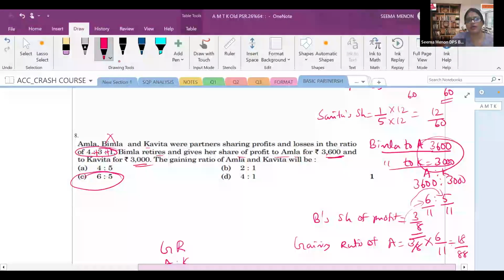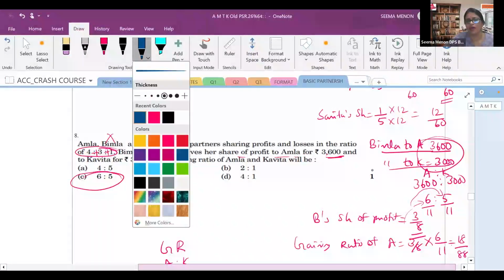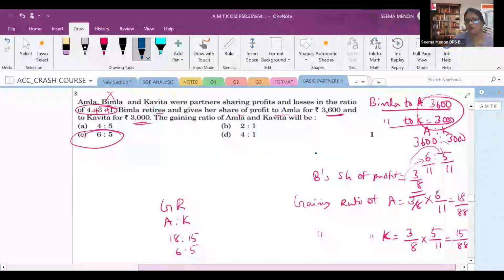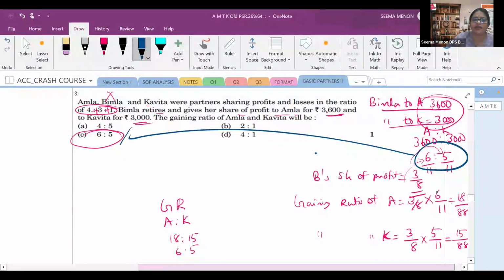That is to be taken as the proportionate ratio, and we get 6:5. Then you solve it and get 6/11 and 5/11. Coincidentally, here we get the same, but we cannot rely on that. It may or may not match, so always solve in the proper way.